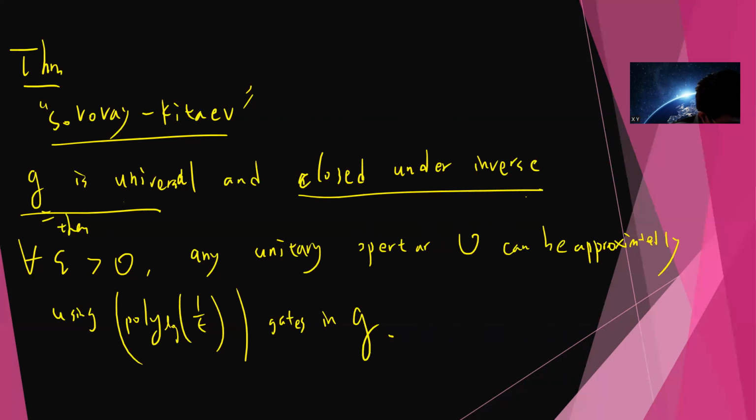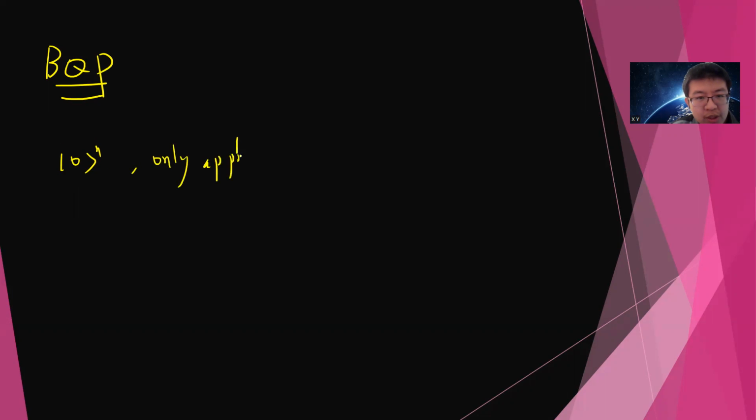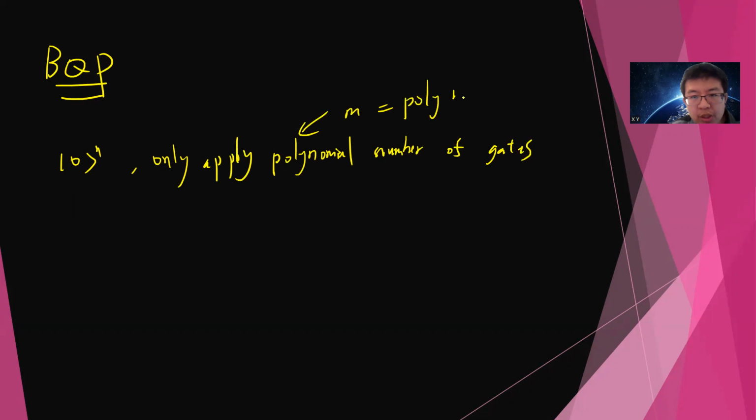That means we can now use this for BQP. Imagine that a BQP computation starts with all zeros, poly(n) qubits, and applies only a polynomial number of gates, say m, polynomial in n.